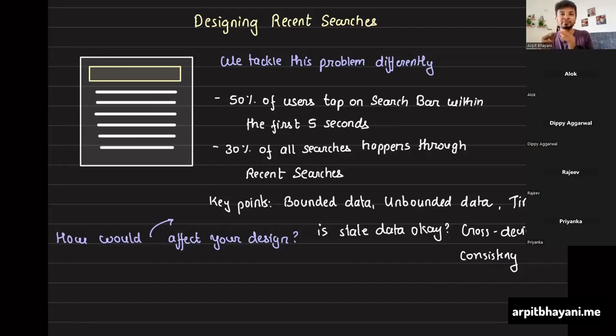So very likely 50% of users open the app, tap on the search icon, open the search screen, tap on the search bar, and see the recent searches. 30% of them tap on one of the recent searches that they see, right?